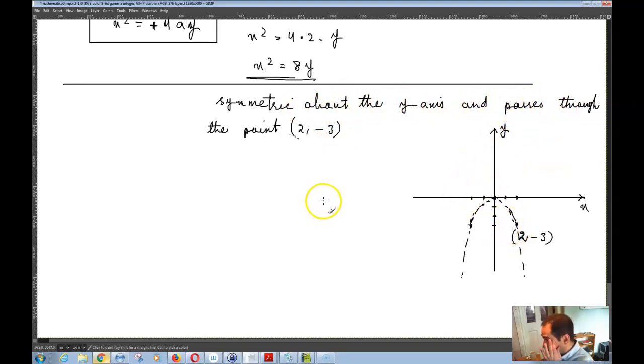So if my parabola is symmetric about the y-axis, the equation has to be x squared is equal to negative 4ay, and I don't know what my a is. Basically, I don't know anything about my a.